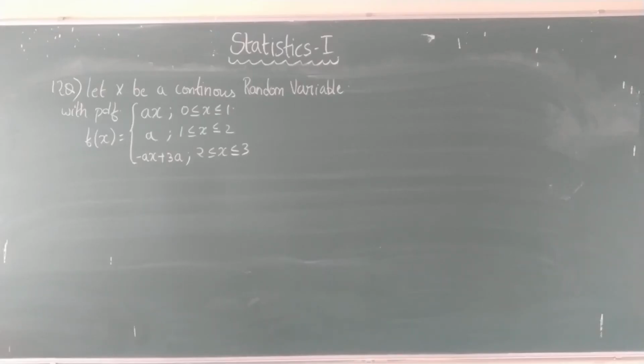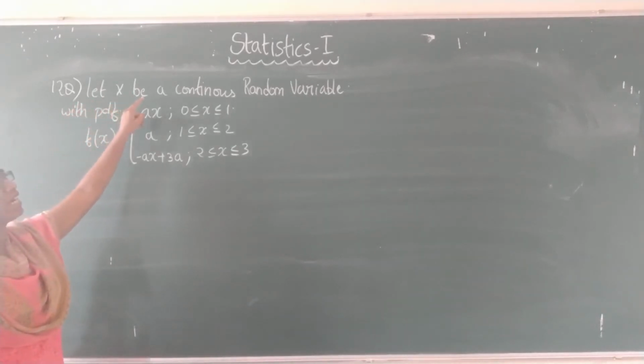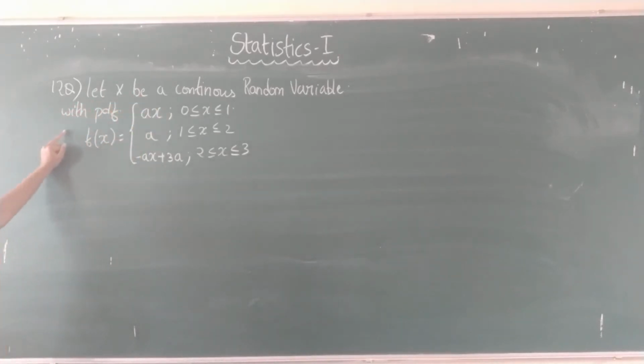Now our next problem, similar to the before problem, but here the constant is also given. So let x be a continuous random variable with the PDF. The PDF is already given, that is f of x equals, so here also 3 limits are given.